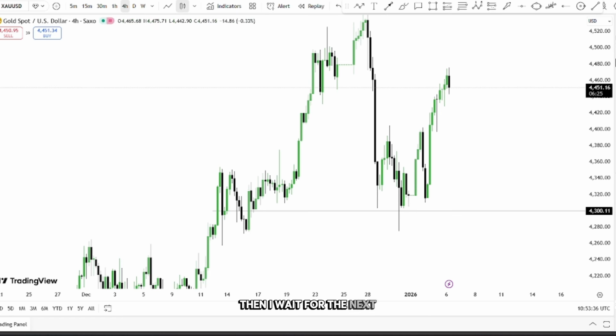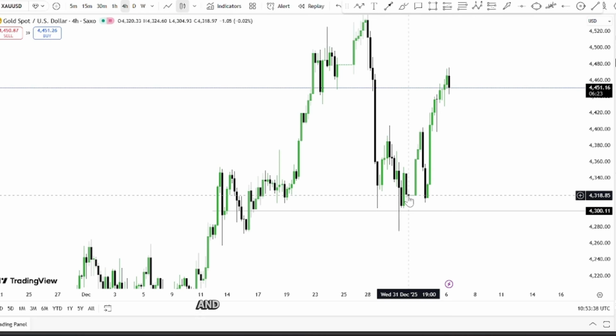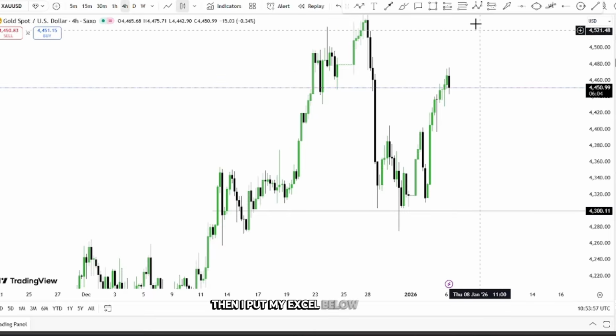Then I wait for the next candlestick, and I wait for candlestick confirmation and also for market structure confirmation, like break of structure or change of character. Then I enter after good confirmation and put my SL below.